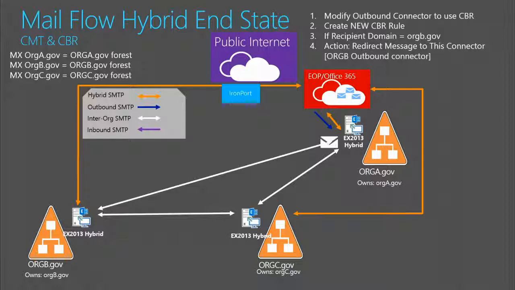It will disregard anything on the other two orgs. That can be a problem. You need to make sure your on-premise organization is configured to allow relaying those messages, either by configuring the connectors or adding the address space as an additional accepted domain.